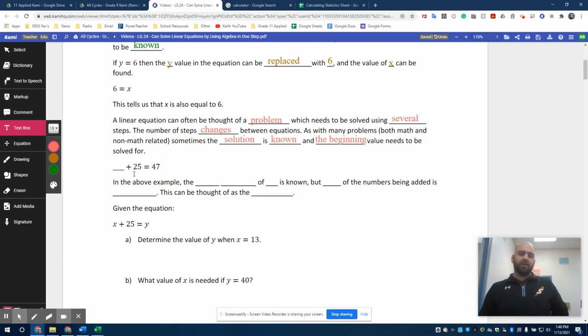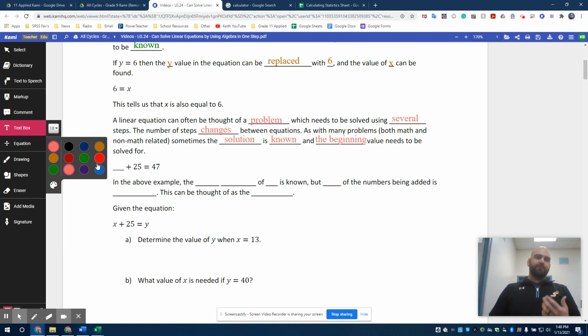So something like this here, we have something plus 25 equals 47. Well, we know that our solution in this case is 47. We want to find what that beginning value is. What's going to be added to 25 to create 47? That's what we're looking for.